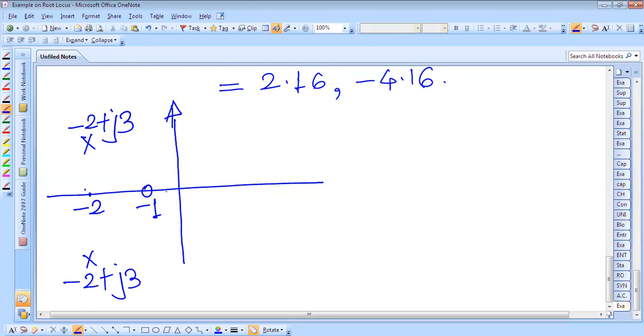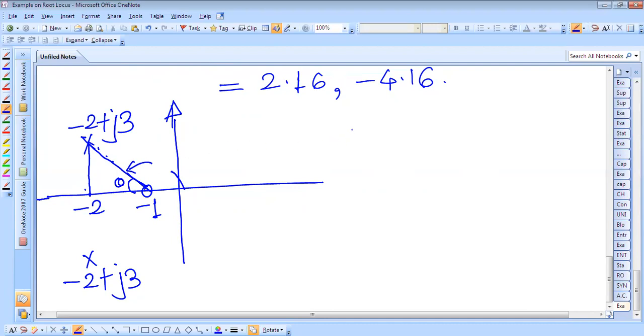Okay, so we have to find the angle of departure from this. Okay, so how we can find? How to find this angle? How much is this angle? And we have to subtract this angle from 180 degree.